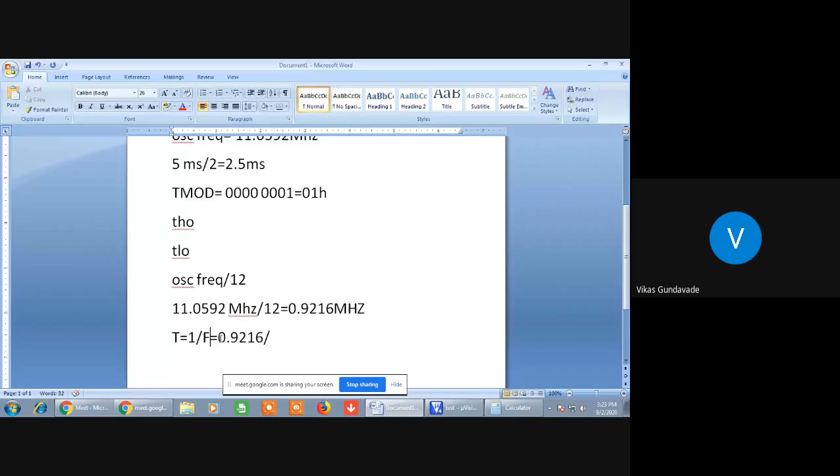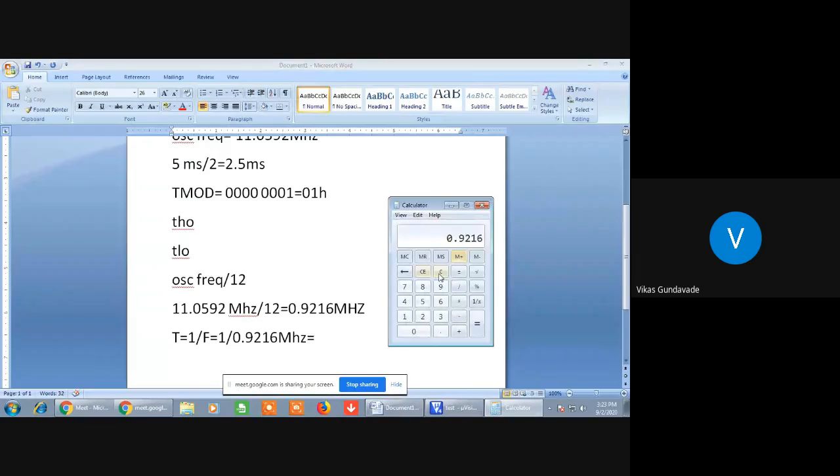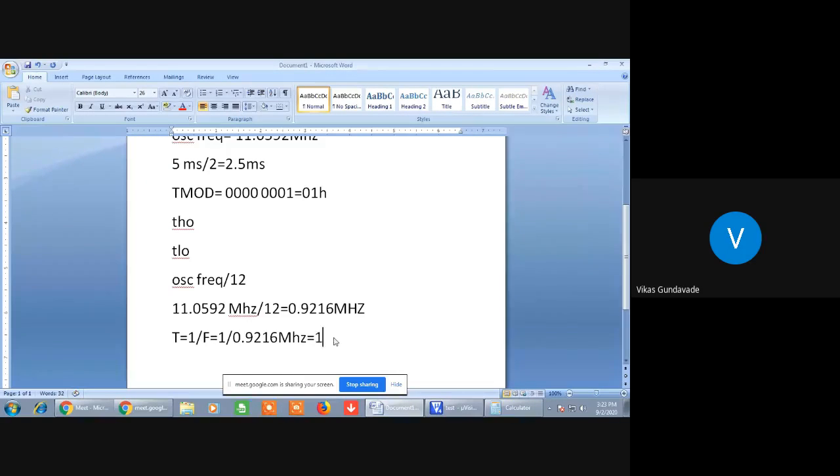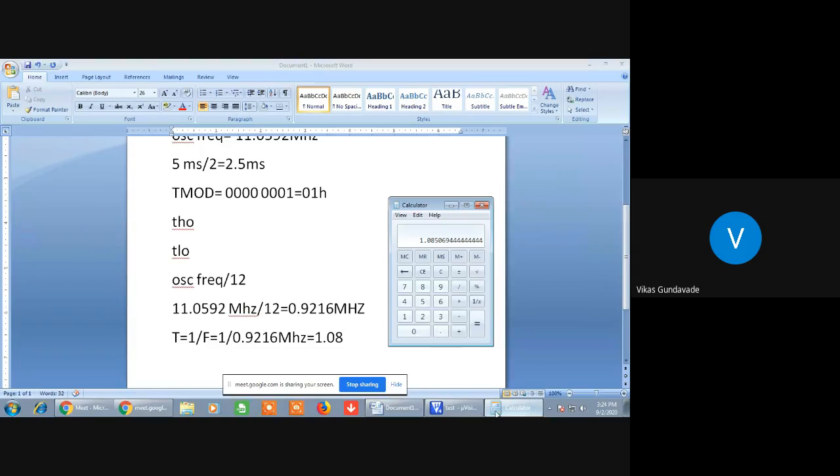So it will be 1 divided by 0.9216 megahertz, which is 1.085.